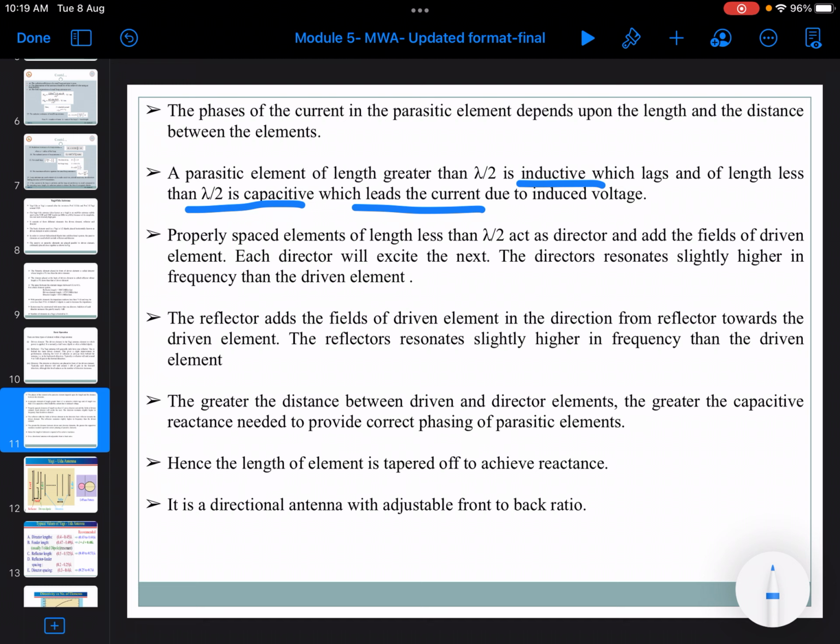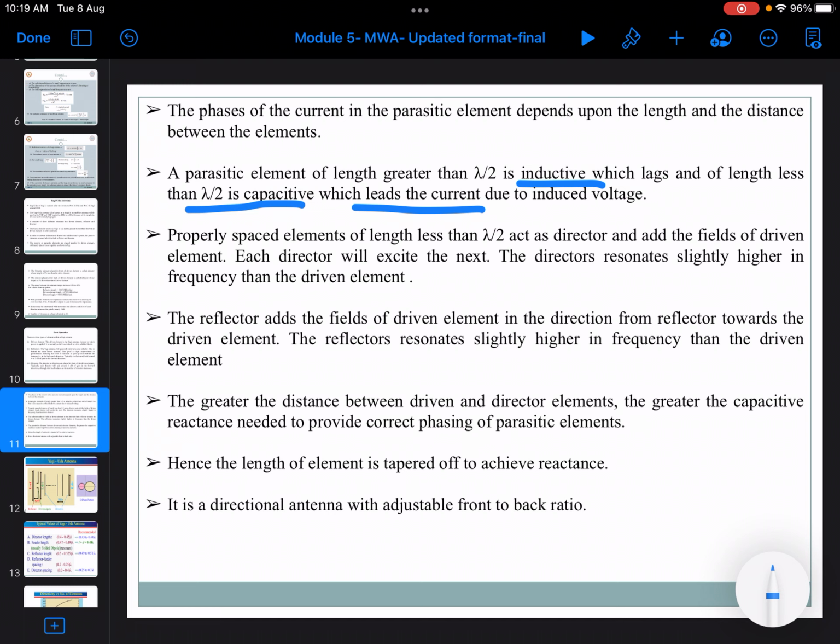Coming to the reflector, as I have told you already, it reflects the energy in the forward direction. In the backward direction, it eliminates the radiation. The greater the distance between the driven and the director elements, the greater will be the capacitive reactance, and in such cases we need to provide corrective phasing of the parasitic elements.